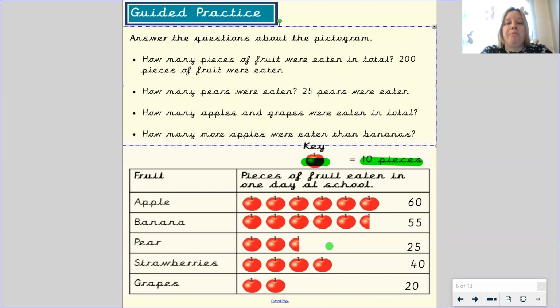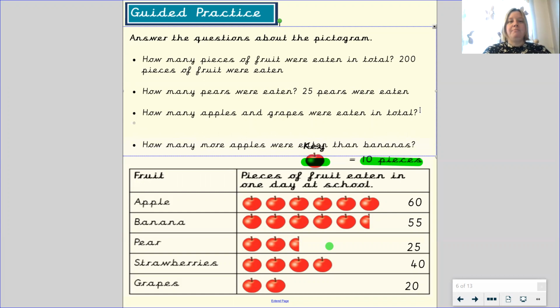Let's have a look at our next question. How many apples and grapes were eaten in total? So the first thing I'm going to do is look and see how many apples were eaten. So 60 apples were eaten. How many grapes were eaten? 20 grapes were eaten.